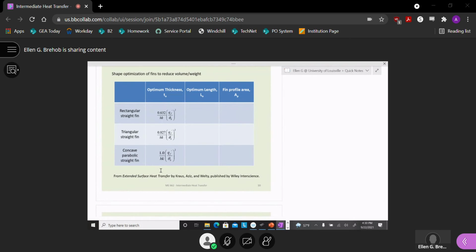Okay, this is a little short, I'm going to call it an aside. This is from another book. I have a whole book that is titled Extended Surface Heat Transfer. So all about fins.